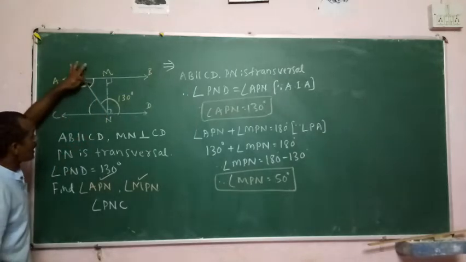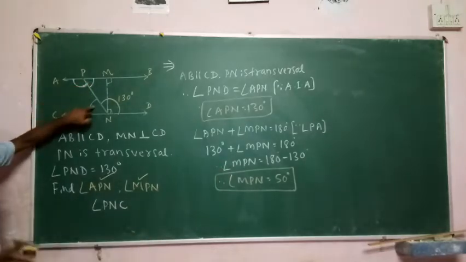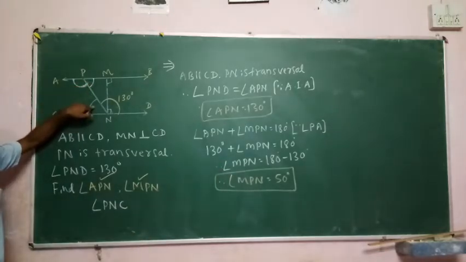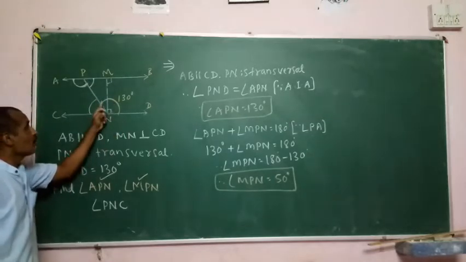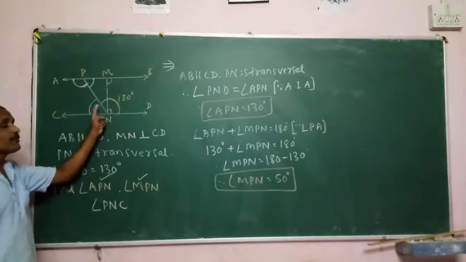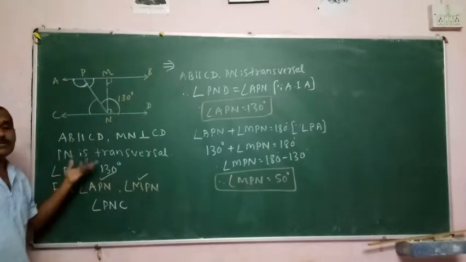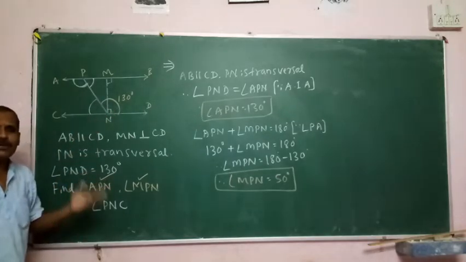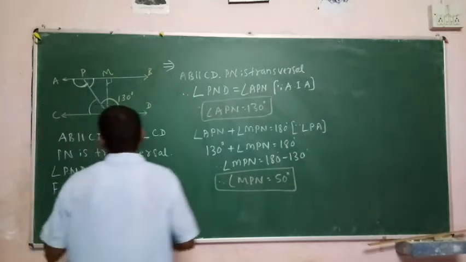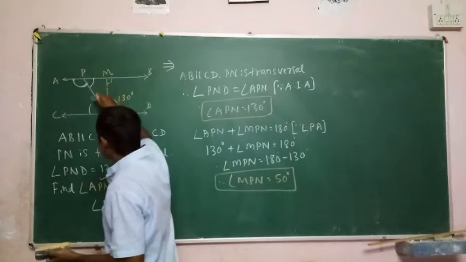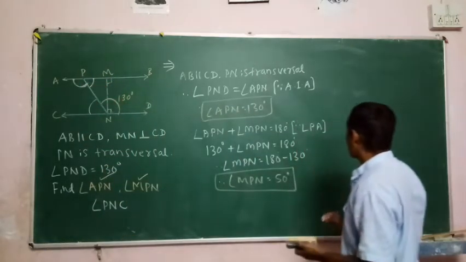So these two are called alternate interior angles. When this angle I found as 50, this is also equal to 50. The second way of finding. Third way of finding, can I say the sum of these two is equal to 180 because of the linear pair axiom. And this is 130, this is 50. See, plenty of different ways to find the answer. Or I can use this, or I can use this. I will choose co-interior for the third.